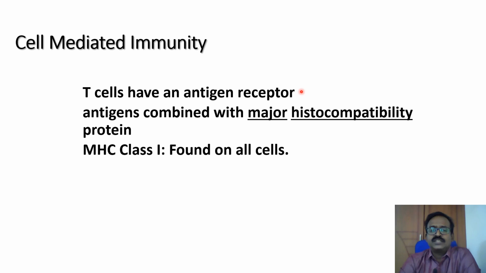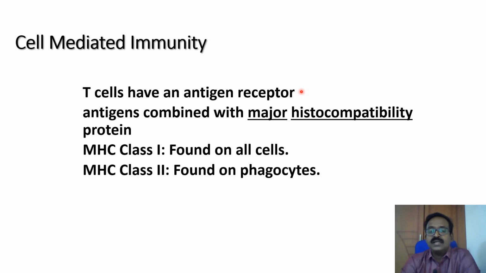The major histocompatibility protein has 2 types: major histocompatibility complex class 1, found in all cells, and major histocompatibility complex class 2, present in the macrophages and dendritic cells of the spleen, liver and skin.